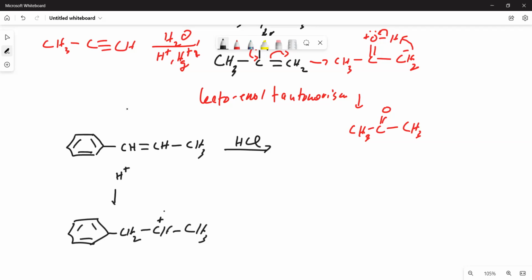Okay. Now, if you're going to place the electrophile here, this is the resulting intermediate. You have CH plus, CH2, and CH3. And if you assess the stability of the two, this is a secondary carbonium. This is secondary but benzylic carbonium, you see?